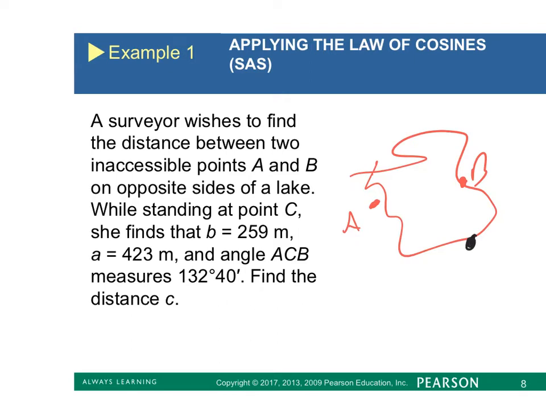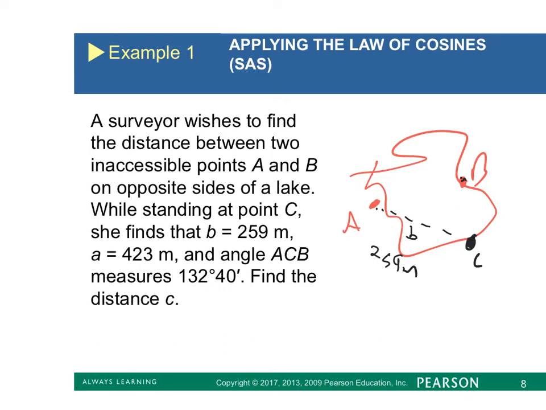She's standing at point C, and she finds that the distance across from angle B, this distance right here, is 259 meters.